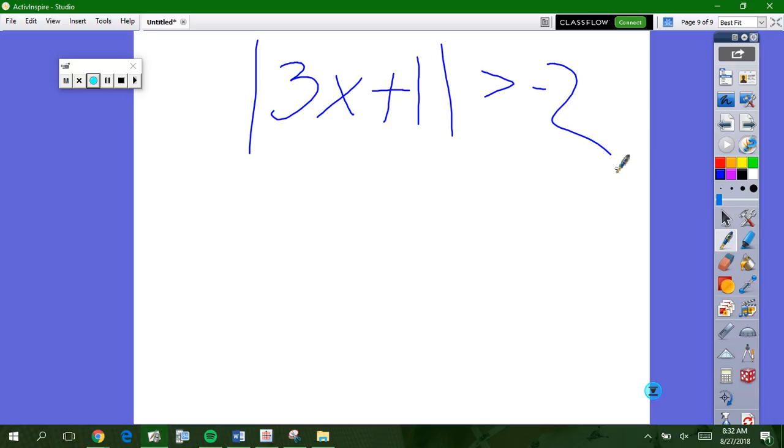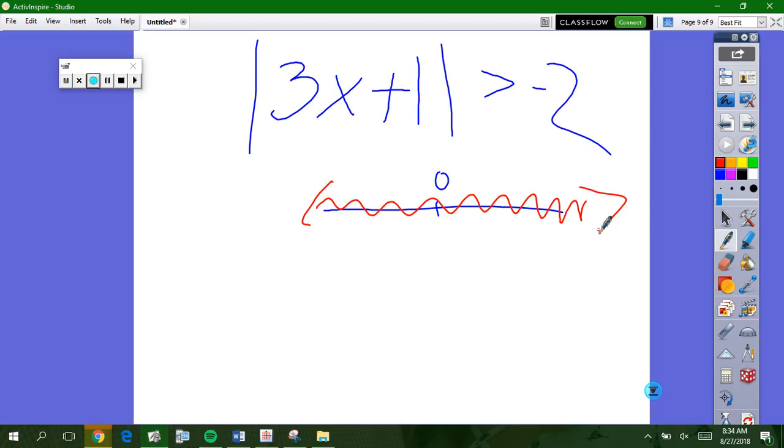So the word distance can help us understand that this is always going to be greater than -2. So on a number line, here's 0. How would I graph all solutions or infinite solutions? That'd be our infinite solutions.